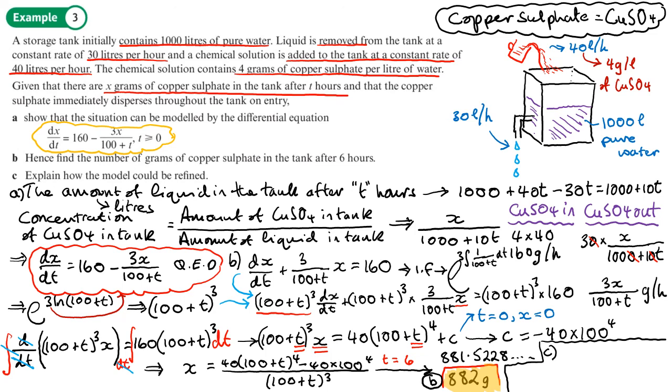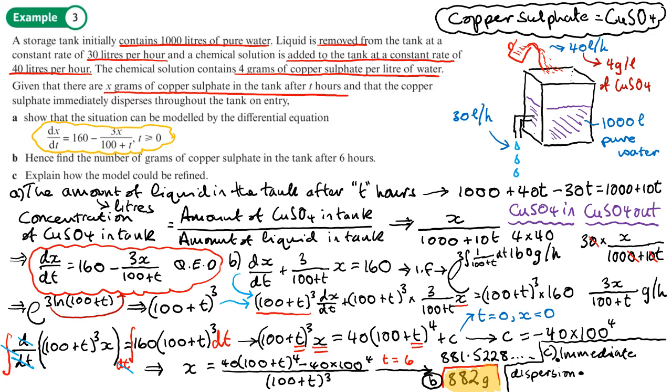Some of it may take a while to dissolve. So we might talk about this immediate dispersion being an issue. It's not realistic, so we might want to take into account the fact that the copper sulfate doesn't immediately disperse in the tank. That could make it more realistic.